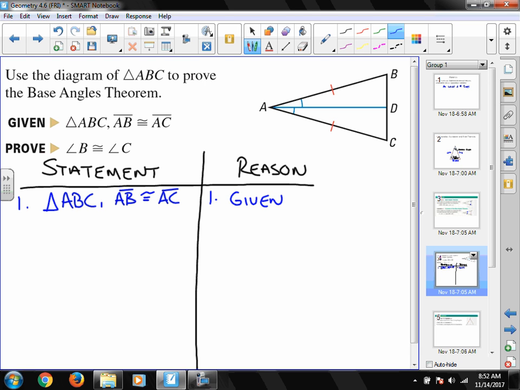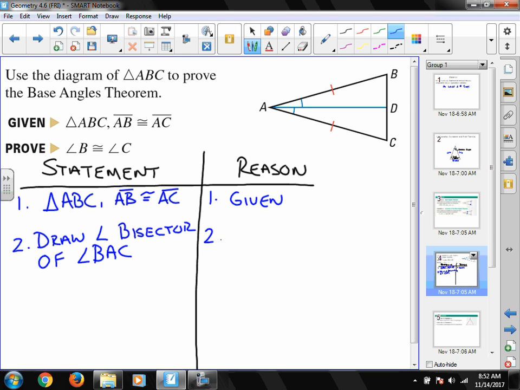Next thing we're going to do, and this is something that we haven't talked about before, so this is a little bit new. But what we're going to do is we're going to draw the angle bisector of angle BAC.